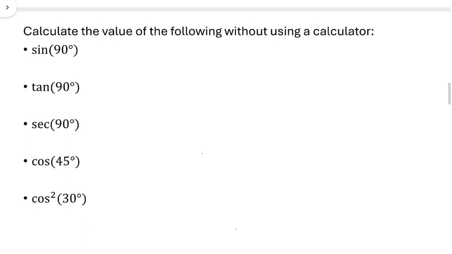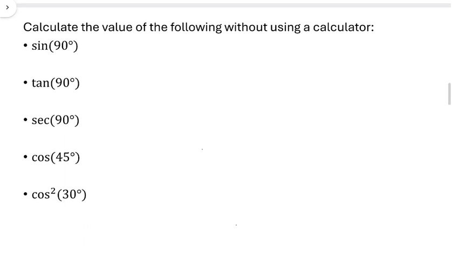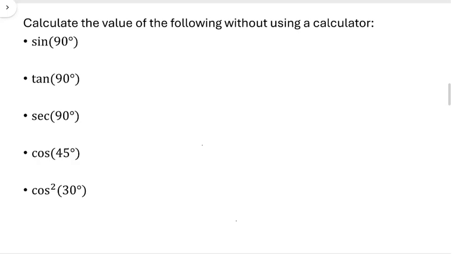Okay, so now the examples that we have: sine of 90 degrees. So here straight away we need this degenerate triangle. I said, for the special triangle that contains 0 and 90, this is how it looks.